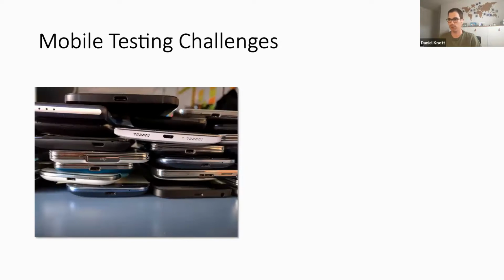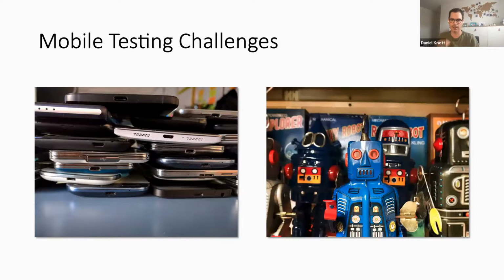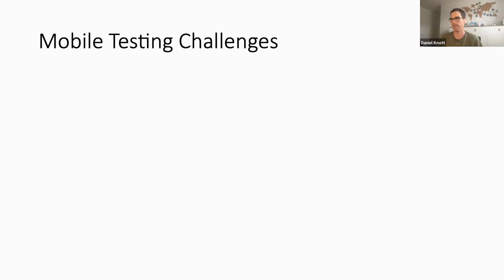The first one is devices, so how you can actually handle mobile device fragmentation. And the second one is automation, so how to handle mobile test automation in order to get started and get the benefits out of it. So let's get started with the hardware.